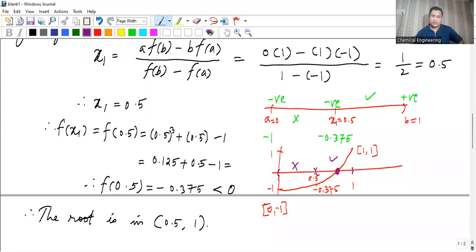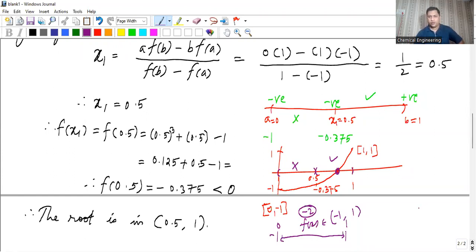See, we are getting -1 and we are getting +1 at 0 and 1, right? Is that okay? Yes, sir. So by the mean value theorem, this function f of x will always be from -1 to 1. The value of this function will be in between -1 and 1, so you cannot have the value -2.